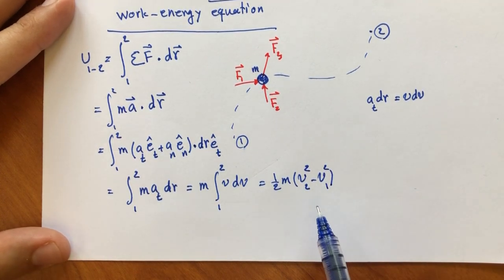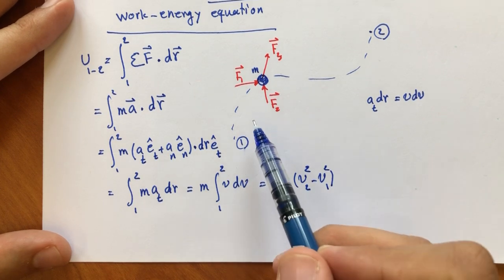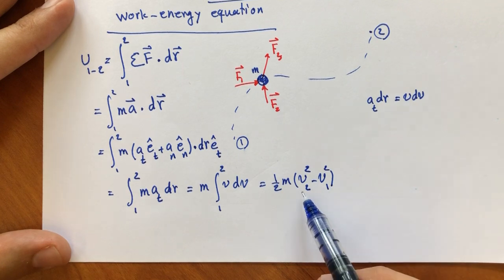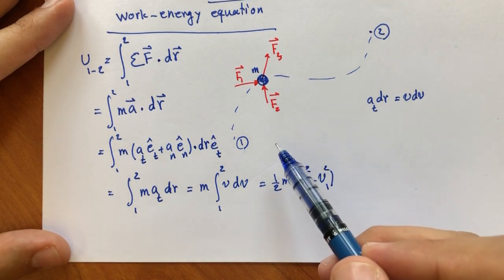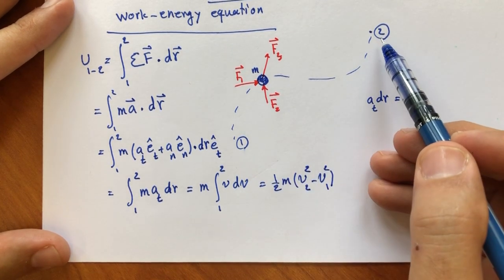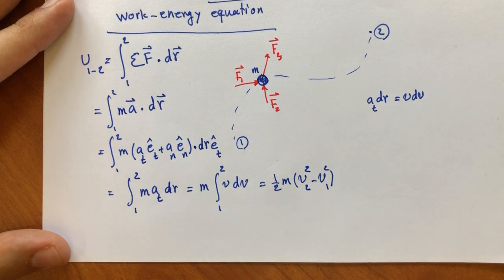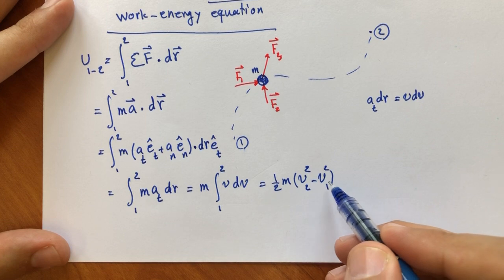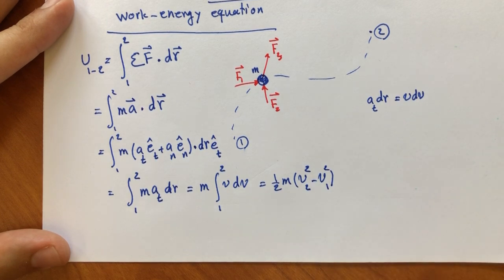So this is quite amazing. The work of all the forces that we have in a system from point 1 to point 2 is going to be dependent on the velocity at the beginning and also the velocity at the end. And also, again, if you remember from physics, 1/2 of mass times velocity squared, we call it kinetic energy.